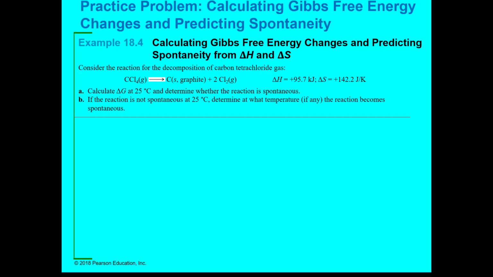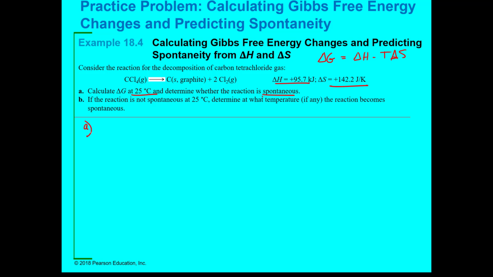So if you have a reaction of carbon tetrachloride going to graphite and chlorine gas, this is how you know you're going to be using this Gibbs free energy calculation, which is delta G is going to be equal to the delta H minus T delta S. You'll know that because you're given a delta H and a delta S. I want you to calculate the delta G at 25 degrees C and see if it is spontaneous or not.